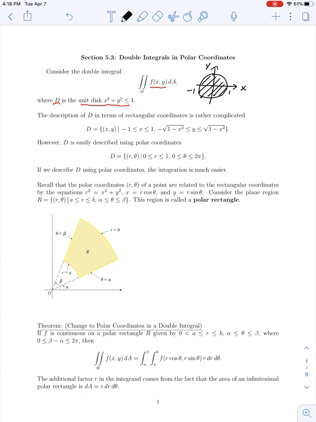Now this region could be described as a type 1 or type 2 region, making use of rectangular coordinates.